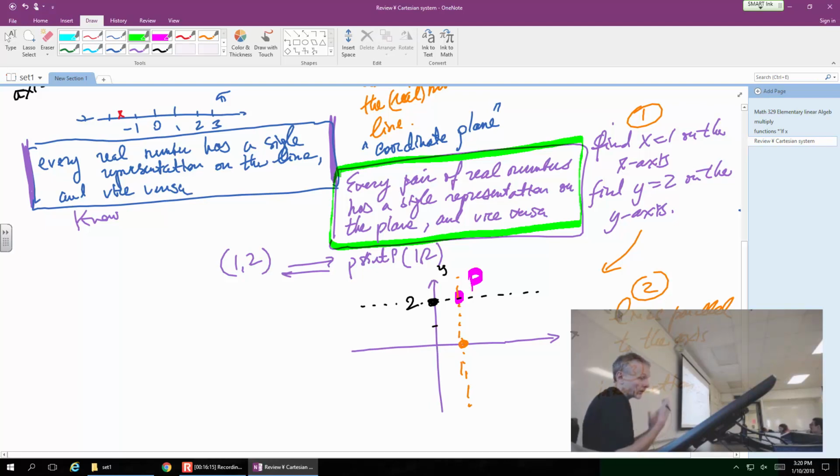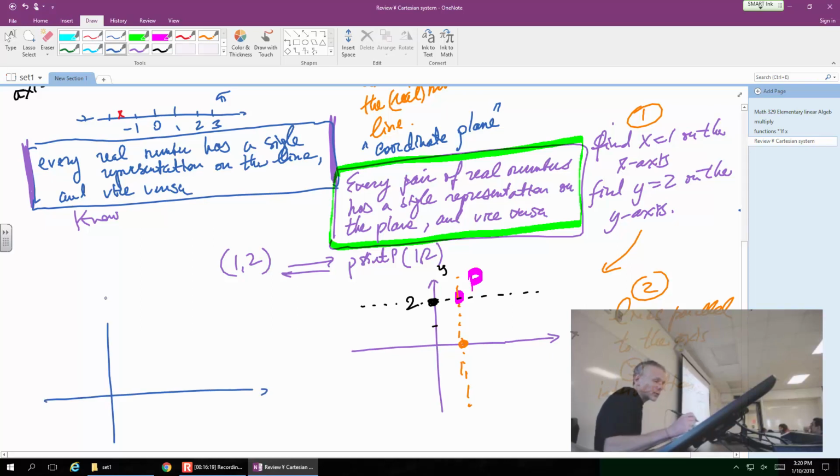Suppose we have P, and we don't have anything but the point P over here, and we're supposed to find its representation. So what do we do? Draw lines parallel to the axes through our point.